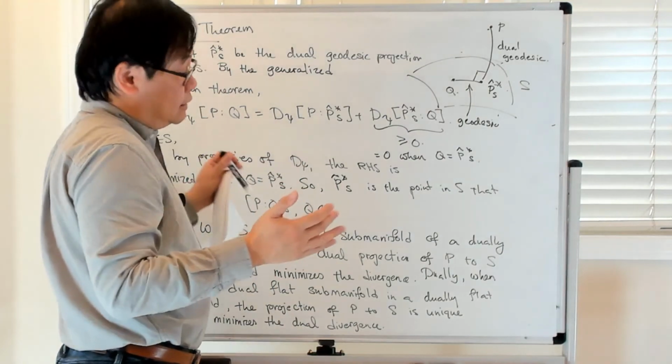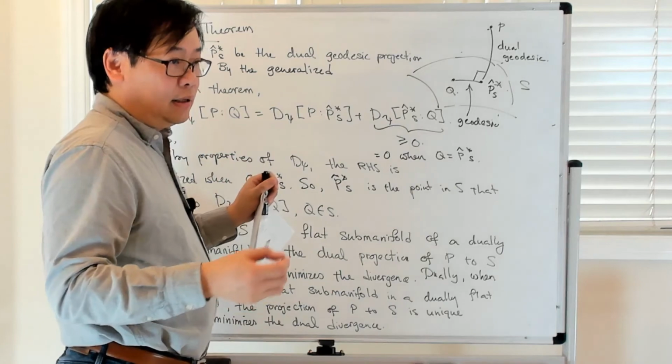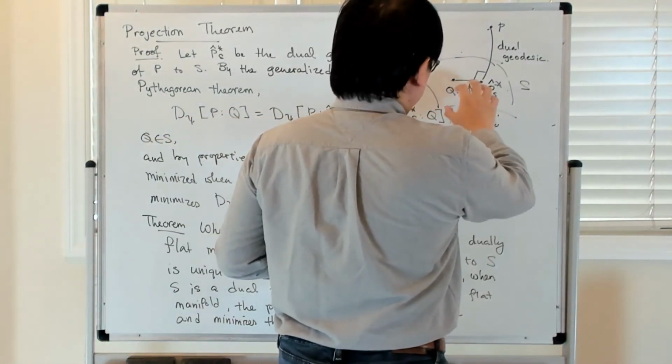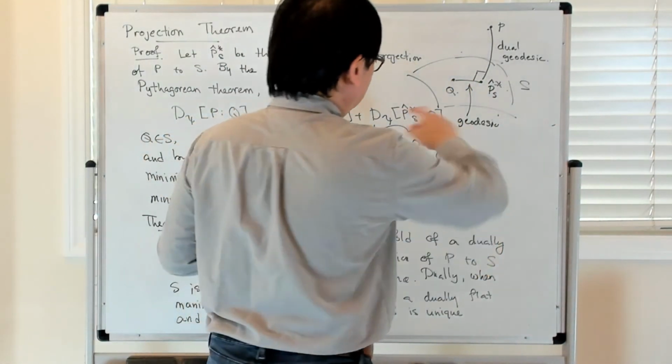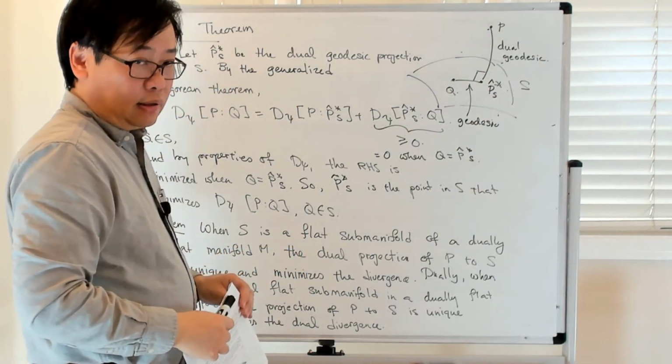So that's not always necessarily the case. There's this idea of geodesic completeness. So the bottom line is that if Q is very far away, there's no guarantee that there is a geodesic connecting Q and P hat star S, okay?